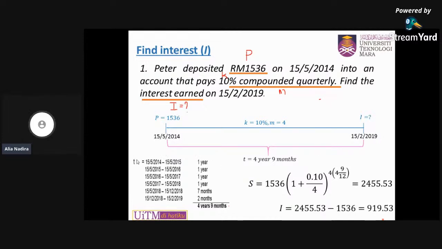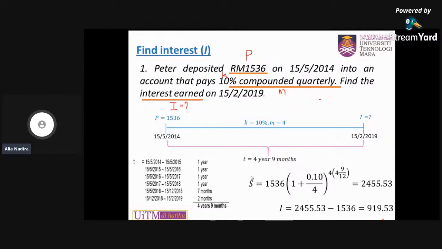Okay, so this is the calculation. You did this in simple interest before, you calculate 1 year. So the total is 4 years and 6 months. Then you want to find I. How to find the interest?